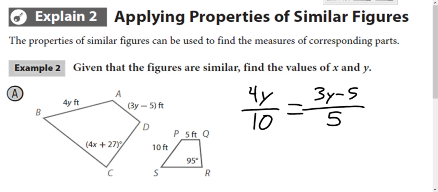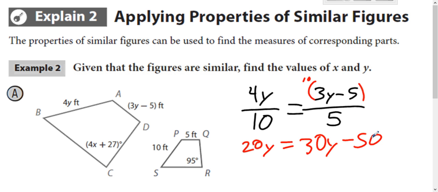So we have an equation, we have a proportion, we can cross multiply and solve this. So 5 times 4y is 20y. And then 10, we're going to distribute that here. 10 times 3y is 30y. 10 times negative 5 is negative 50. And we'll finish solving it.